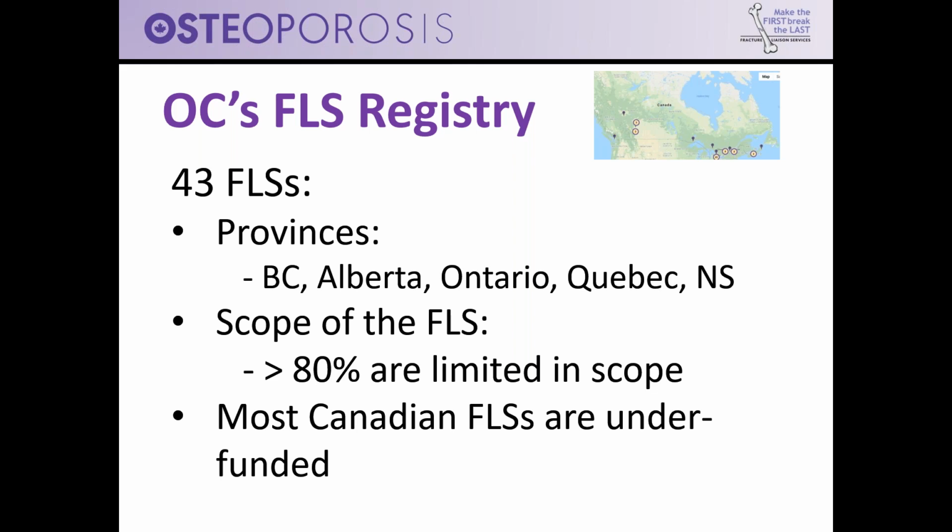So ideally, an FLS is covering both the inpatient orthopedic services, so that you can capture the majority of the broken hips, and also should cover the orthopedic clinic so that you can capture the majority of these wrist and shoulder and pelvic fractures, for example.